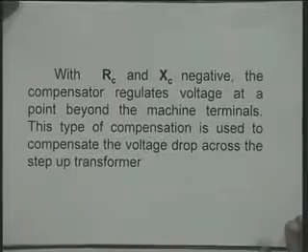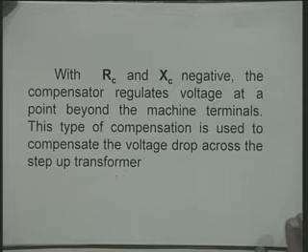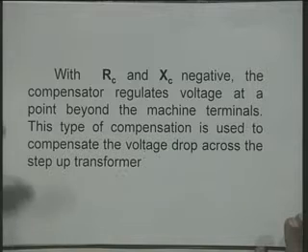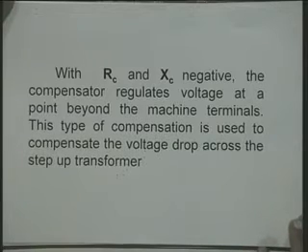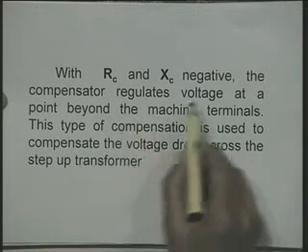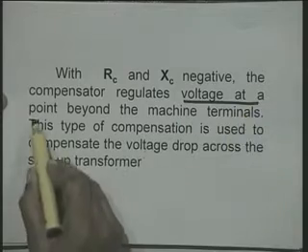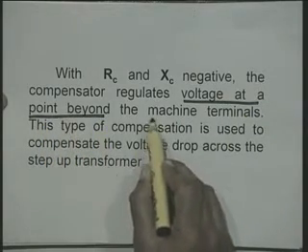In case you put Rc and Xc negative, because as I told you, you can make the real term negative, and the reactive term also can be made negative, the compensator regulates the voltage at a point beyond the machine terminals.